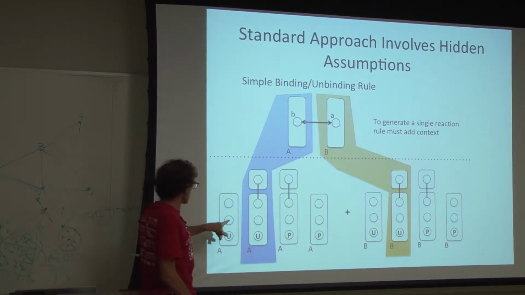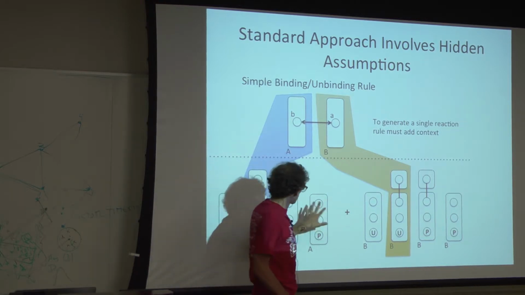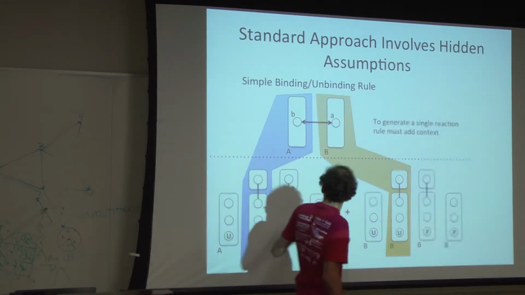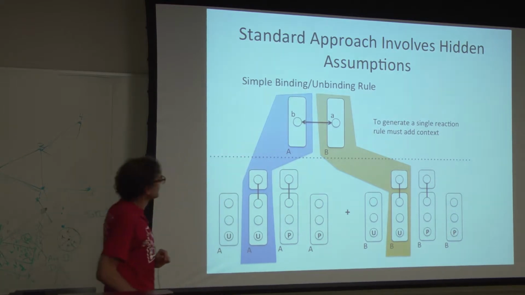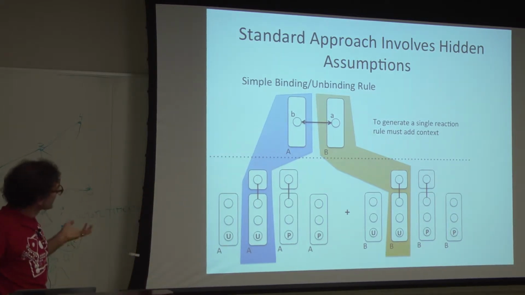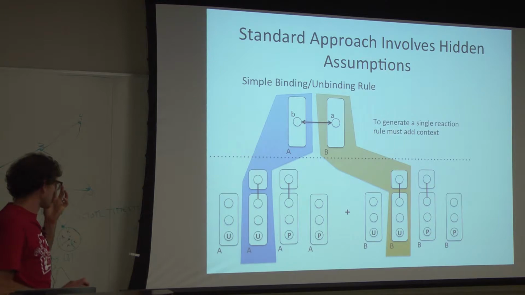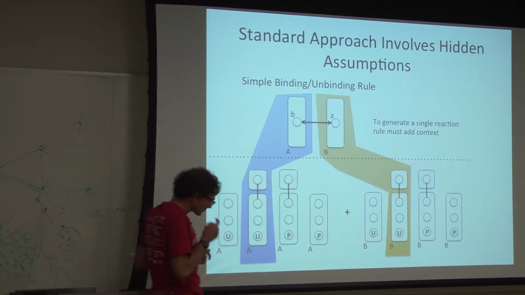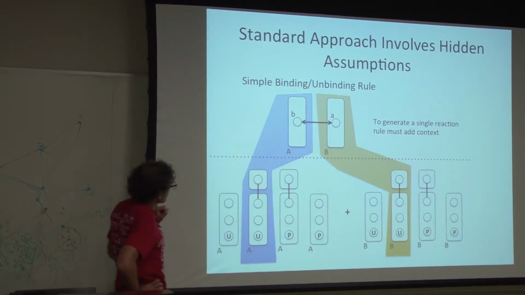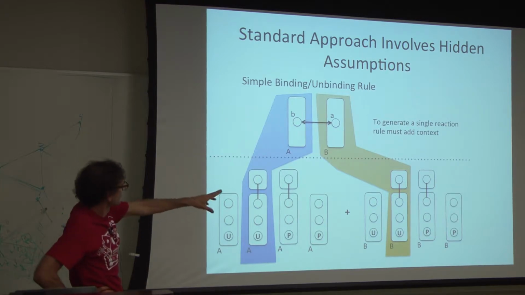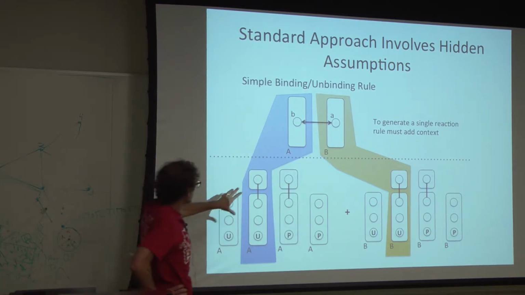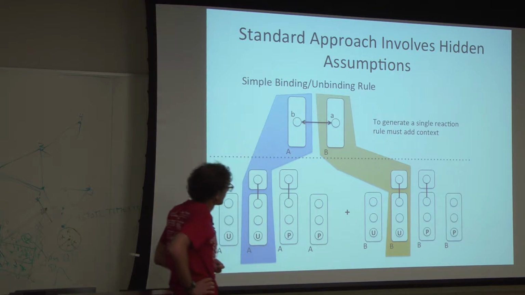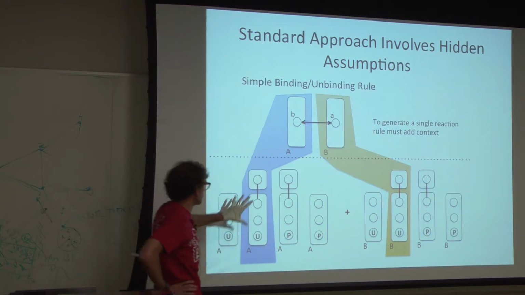I'm saying that for some reason all of these states are unsuitable, but this one and this one are suitable. So one way of thinking about standard reaction networks is that they represent basically a highly specific set of assumptions made on a more general class of interactions. And these assumptions are really hidden from view.